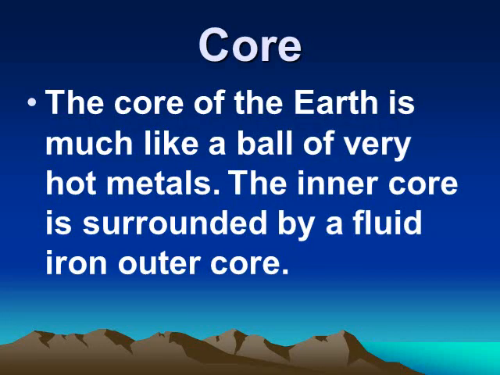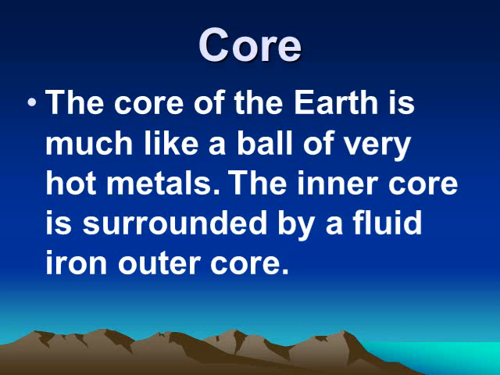Now, let's go on to the innermost layer of the Earth, which is the core. So, the core of the Earth is much like a ball of very hot metals. The inner core is surrounded by a fluid iron outer core. The composition of the core is an iron-nickel alloy with minor amounts of oxygen, silicon, and sulfur, elements that readily form compounds with iron.